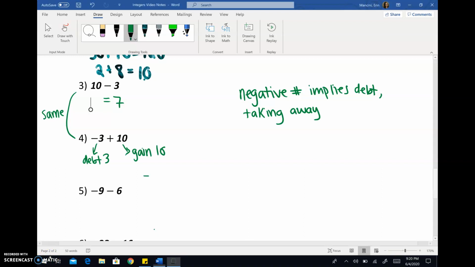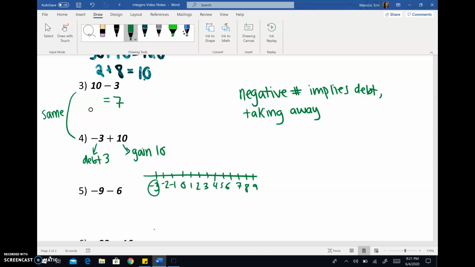You can also think about it like you're on a number line. So I was at -3, and then I gained 10. So let me draw this out real quick. So here's where you were at, but I'm going to label the whole number line. Here's 0, 1, 2, 3, 4, 5, 6, 7, 8, 9. Okay, we don't need to go that far.